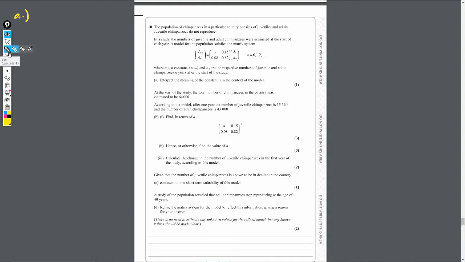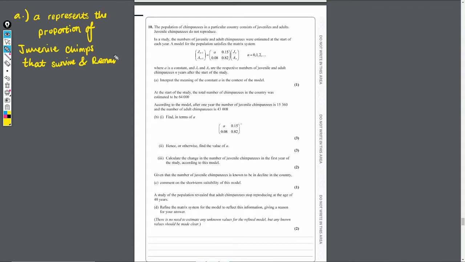So what does this constant A mean in the context? Well, this A just represents the proportion. It represents the proportion of juvenile chimps that survive and remain juvenile chimps.